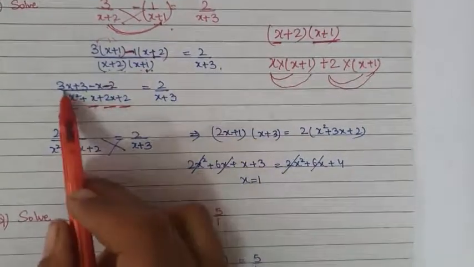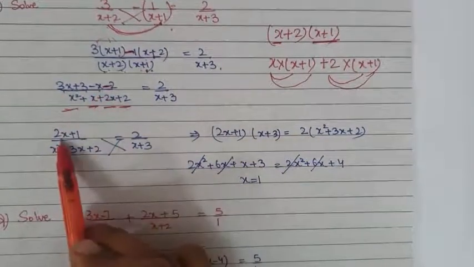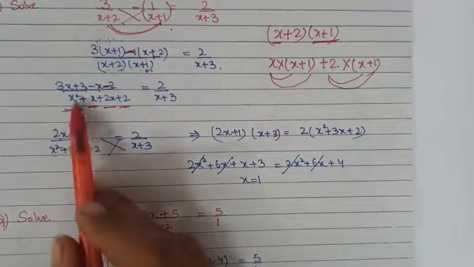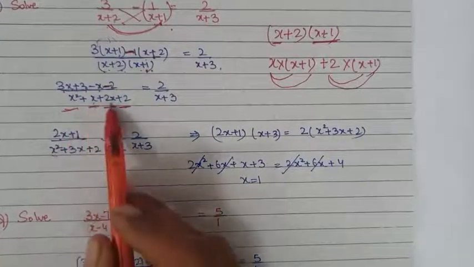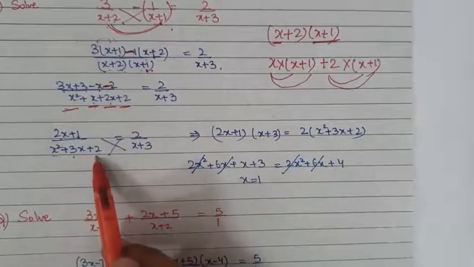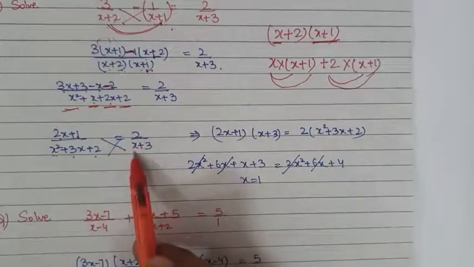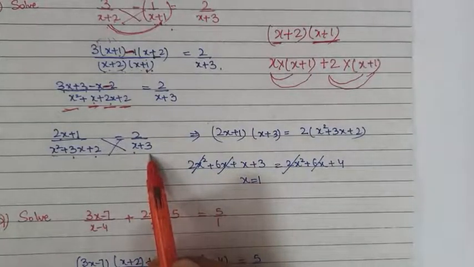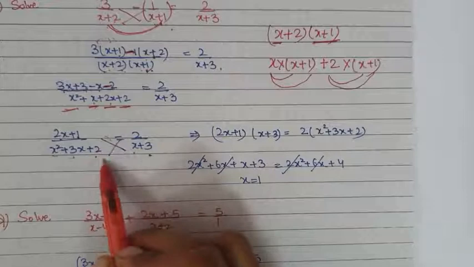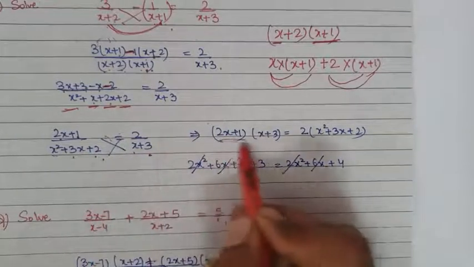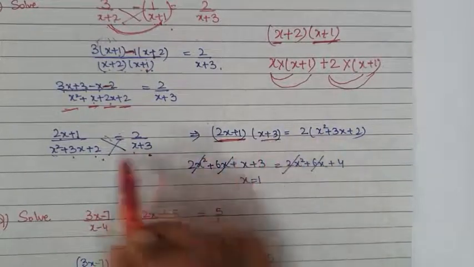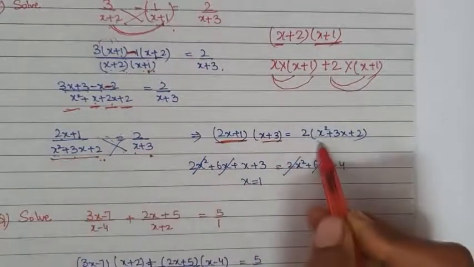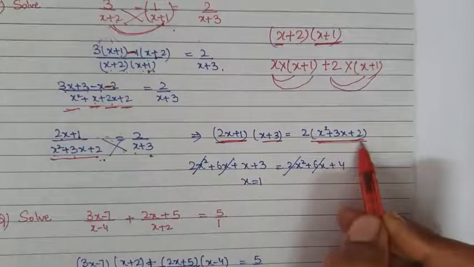Now we get 3x minus x, 2x, 3 minus 2, 1. x square plus 3x plus 2 is equal to 2 upon x plus 3. Now again cross multiplication we will do. (2x plus 1)(x plus 3), 2 into the whole second degree polynomial.